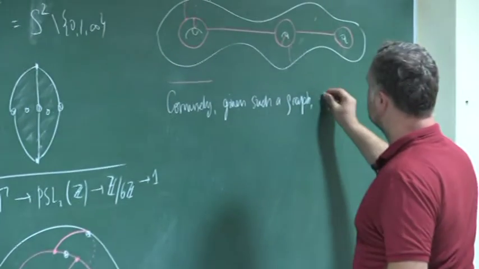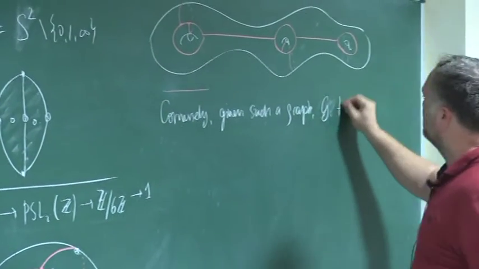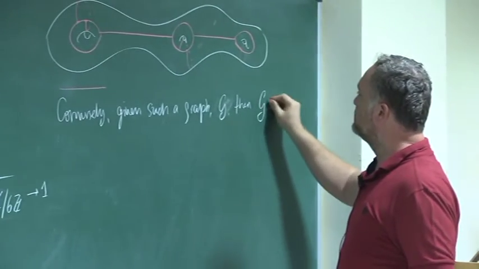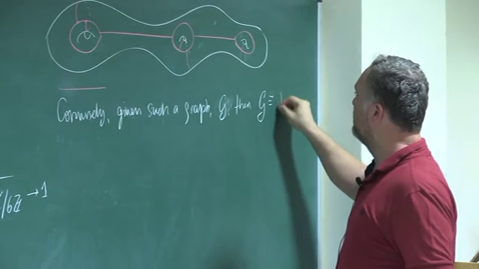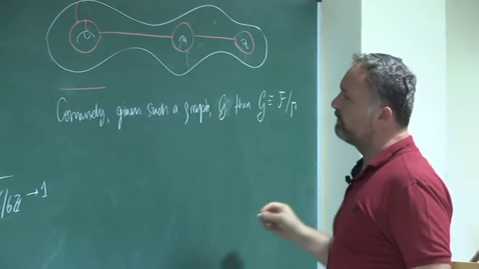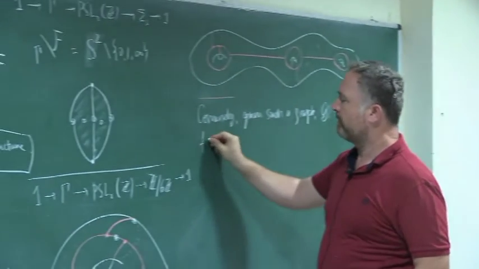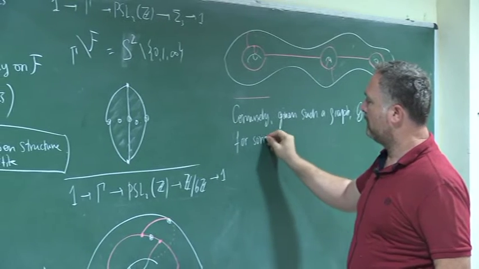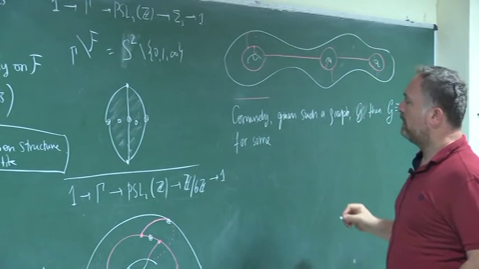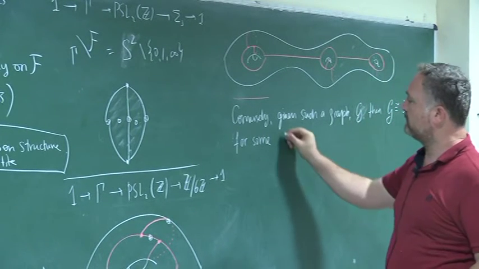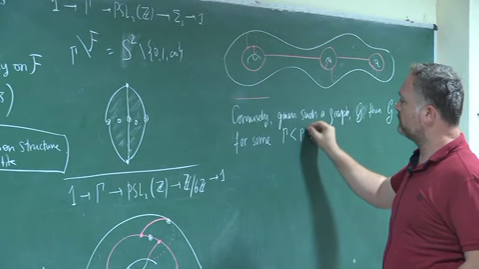So if I have such a graph, let us call this graph G. Then G is isomorphic to F over gamma for some gamma, a subgroup of the modular group.